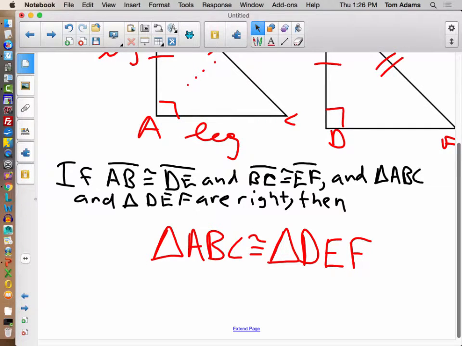So that is what we call the hypotenuse leg theorem.